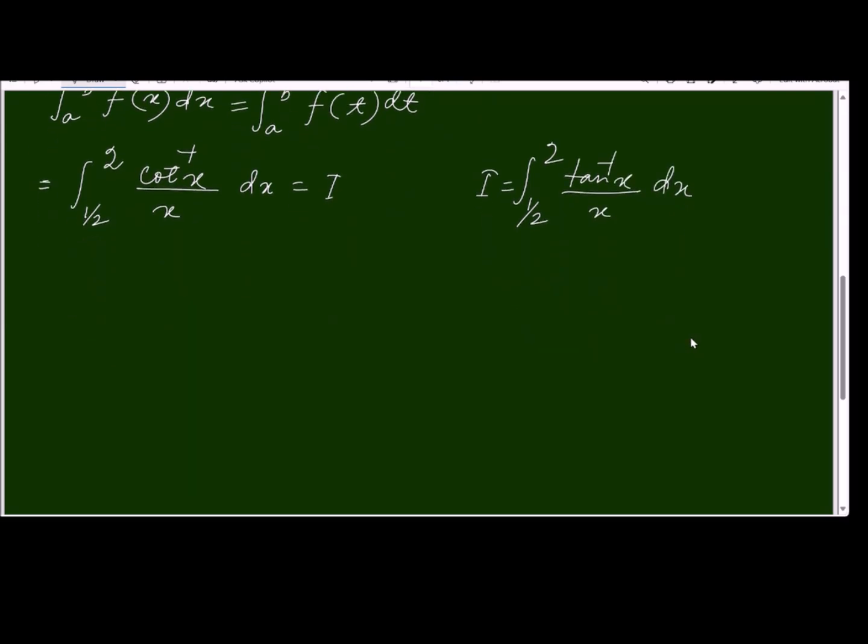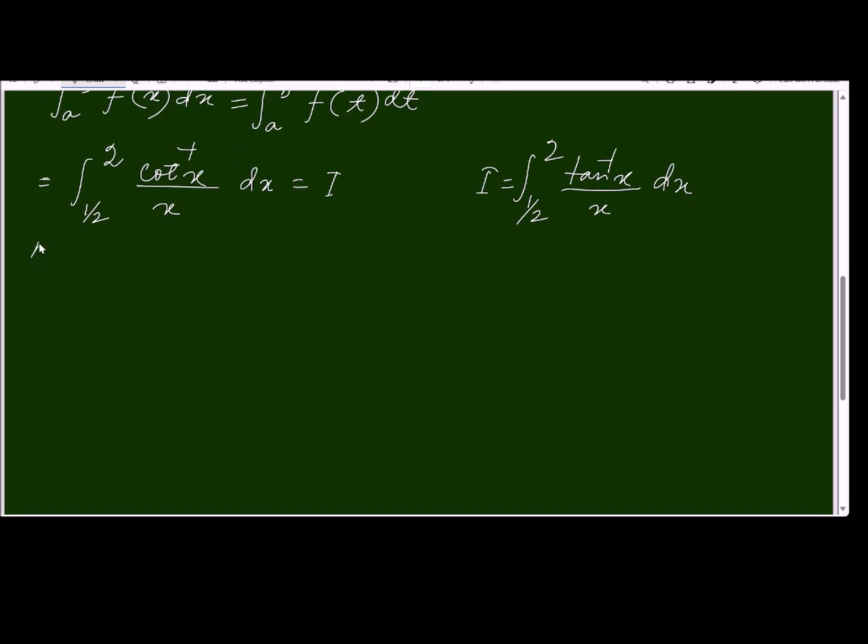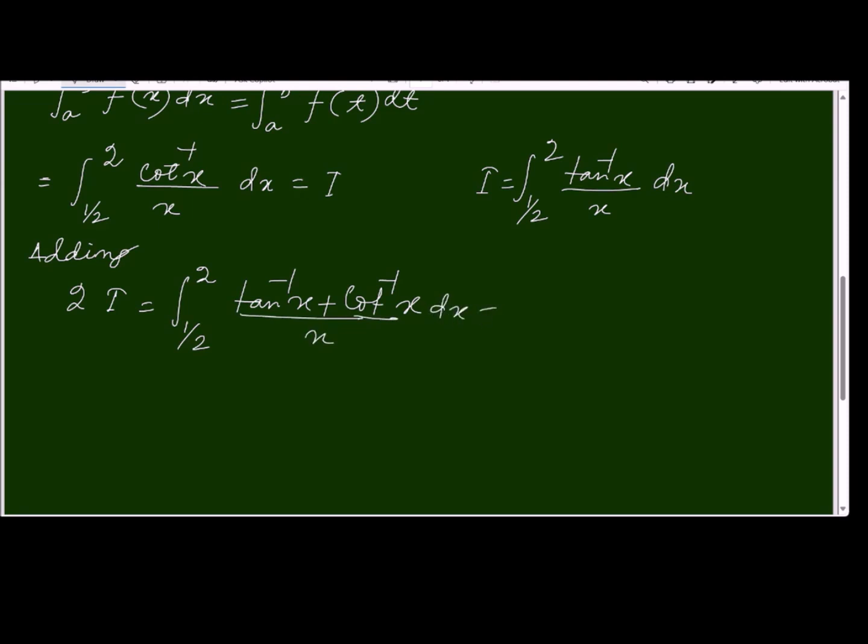So adding them, we'll get twice I equals half to 2 of (tan inverse x plus cot inverse x) over x dx. And we know that tan inverse x plus cot inverse x equals pi by 2, over x dx.